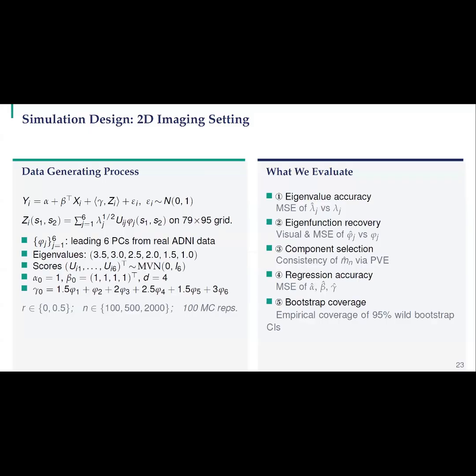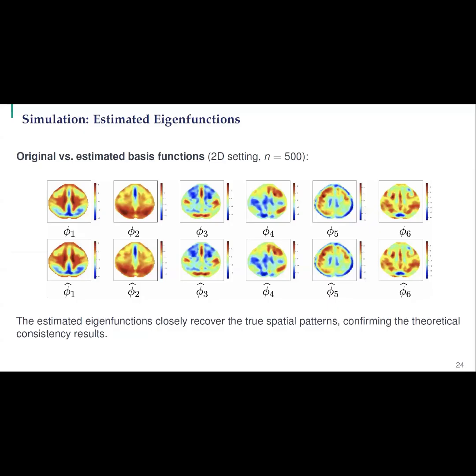We're going to evaluate in simulations eigenvalue accuracy, eigenfunction recovery, component selection, whether it consistently selects the components, then regression accuracy, and then the validity of bootstrap coverage. This does assume that the linear model that we had initially is true. We're working on what to do under misspecification, but we do require there to be a linear model.